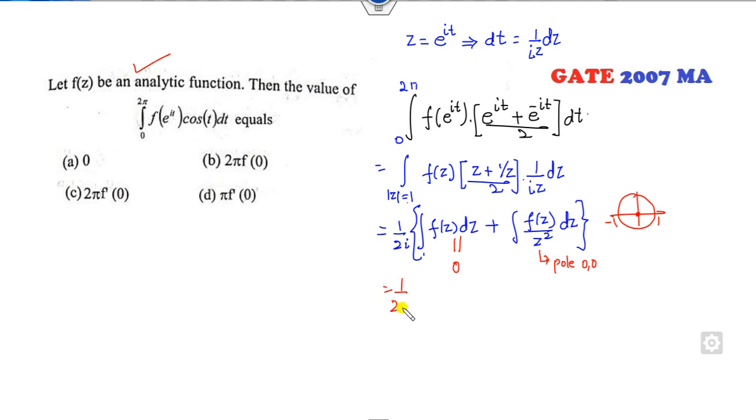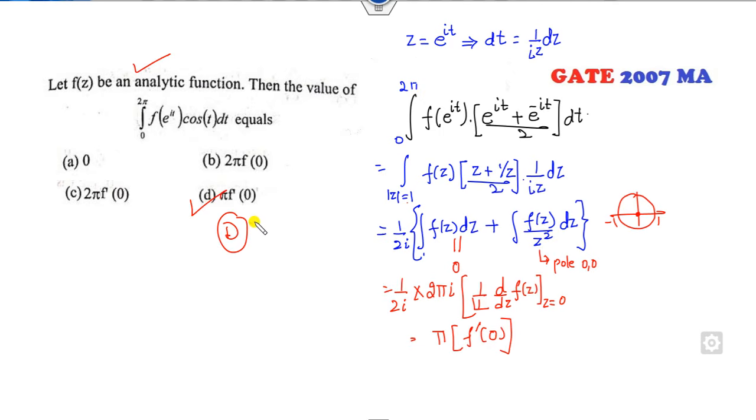So what is the right answer of this? 2 pi iota, and it is a pole of order two, so it is 1 factorial times the first derivative of f at the point z equal to 0. So 2 iota cancels, and it is pi times f dash at the point 0. So this is the right answer of this problem.